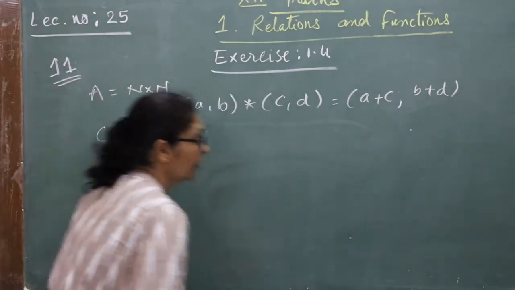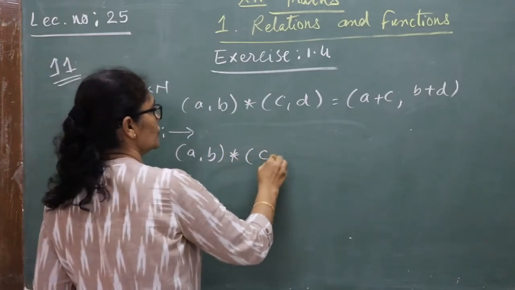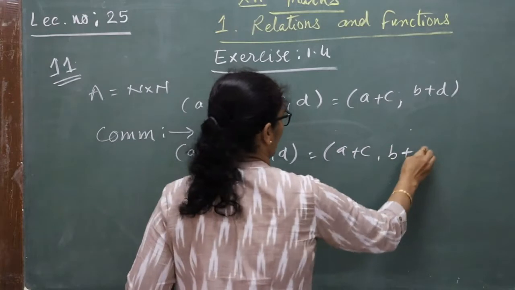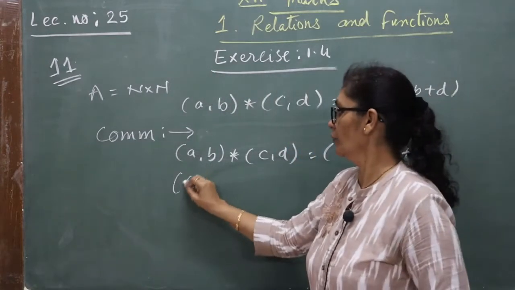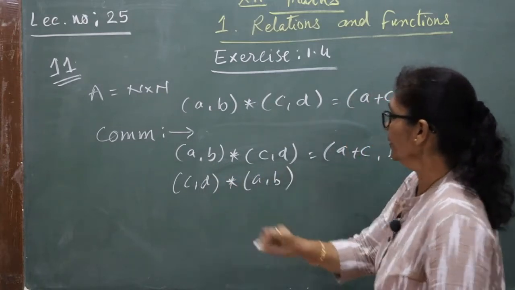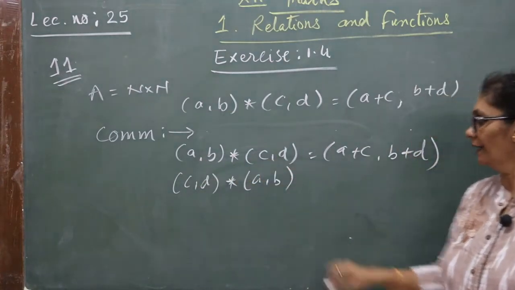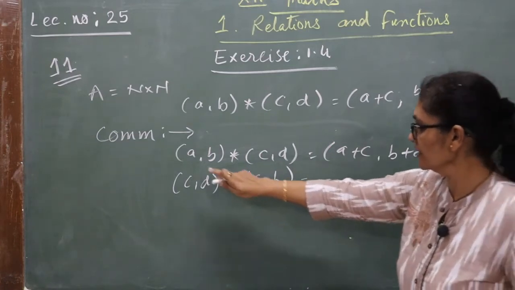What is the commutative? (A, B) related to (C, D) equals, we can write, (A plus C, B plus D). Now the same thing you have to check with (C, D) and (A, B). The concept of commutative is that we have to exchange our elements, first and second. So if we follow this, what is the condition applied?